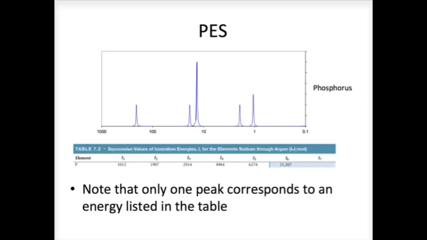This is where PES was so important, and why we talked about PES earlier and why we're discussing it here. When you look at PES, notice that only one peak corresponds to what we had in the chart in terms of second ionization energy. In fact, the only peak that matches is the first one, right here.